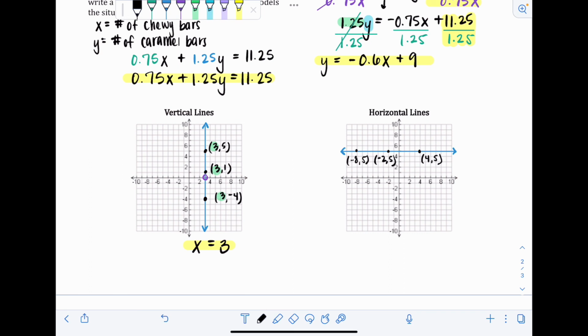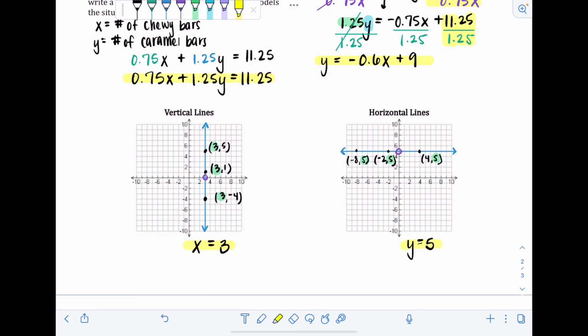Notice on this line, the coordinate that is consistent for all the points is a y coordinate of 5. And so every horizontal line you're going to write as y equals whatever value it crosses on the y-axis. In this case, it's y equals 5.